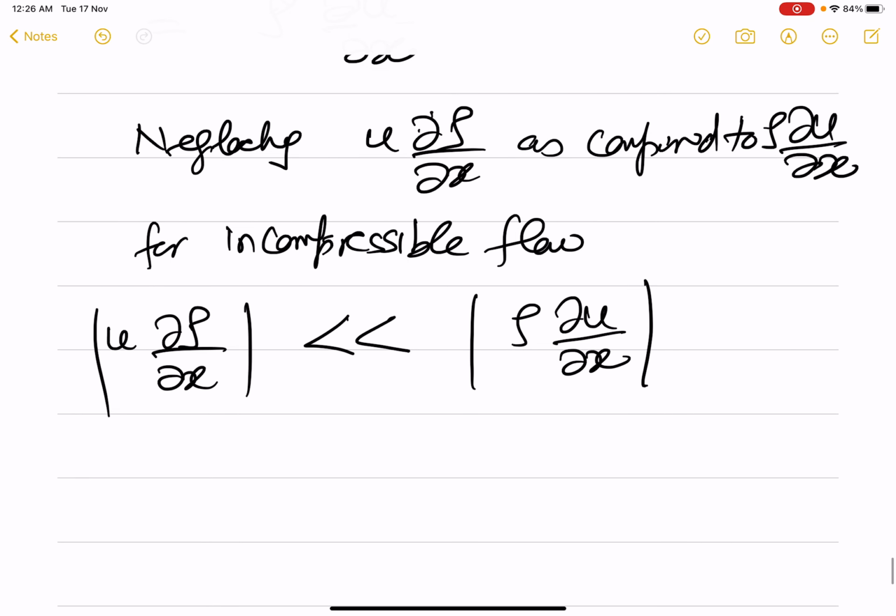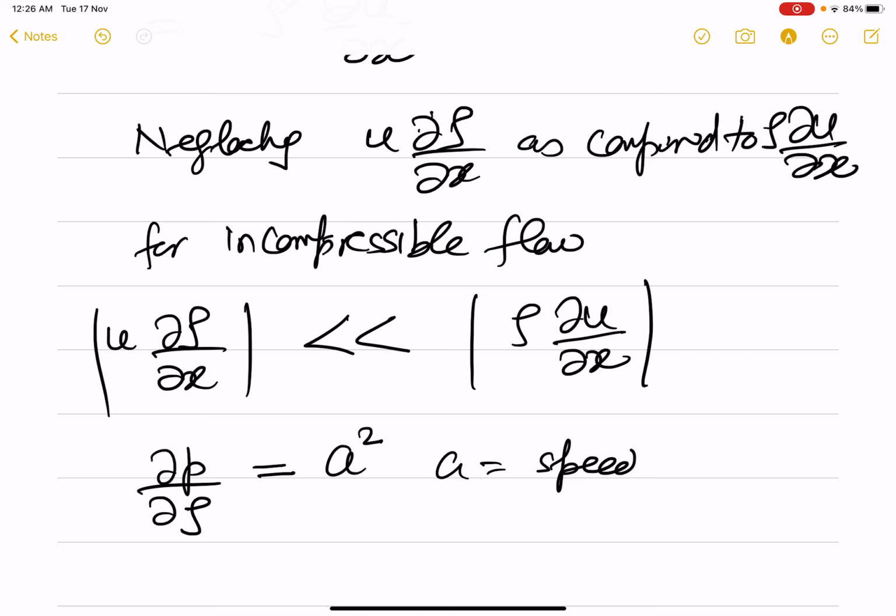And here what we will do is, I will tell you something. One thing which we will learn later in the course, that partial p by partial rho is equal to a square, where a is equal to speed of sound. That means the change of density with pressure is related to the speed of sound in that medium.